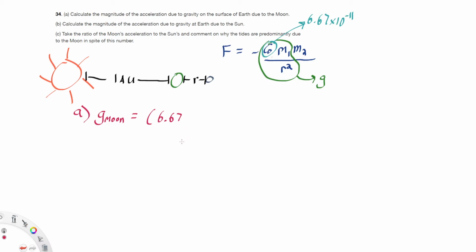It's your first glimpse at something deep and universal. We don't actually have that many universal constants to play with, but the strength of gravity is one of them. So we have 6.67 times 10 to the minus 11. And in the numerator will also be the mass of the moon.